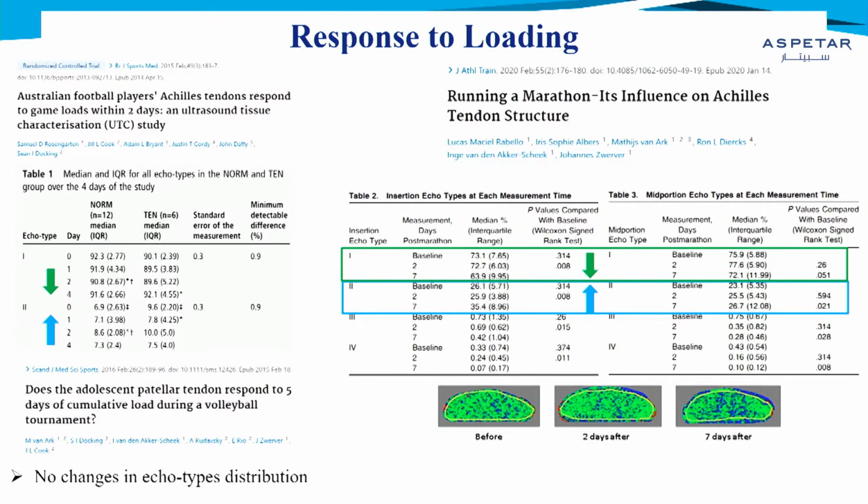They observed that 2 days after the marathon, nothing had changed in the tendon. It was exactly the same. They were professional runners, okay? But then they said that from day 2 to 7, they could do whatever they wanted in terms of sports. So most of them ran again. And on day 7, they observed a significant decrease in echotype 1 with a similar significant increase in echotype 2. Again, a reactive response, as you can see here in the picture.